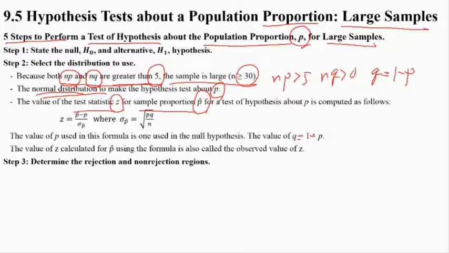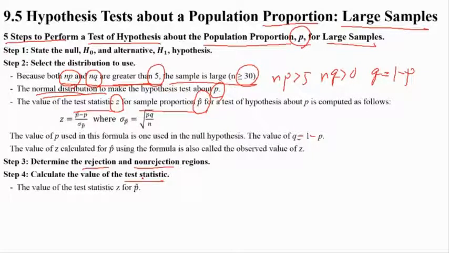So the first step: find the hypotheses, null hypothesis and alternative hypothesis. Second, select the distribution. We are going to use the z value, which means normal distribution. Then we find the rejection region and non-rejection region. Then calculate the test statistic from the sample, the z value for p hat.